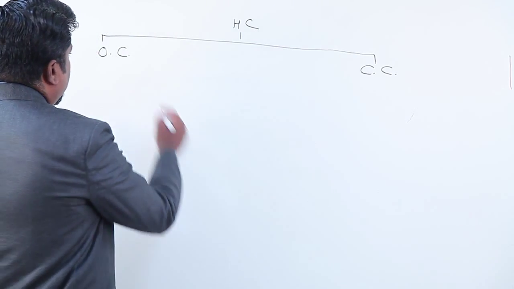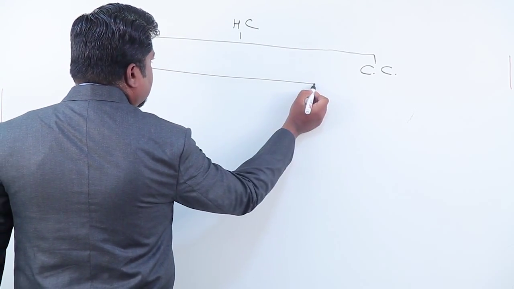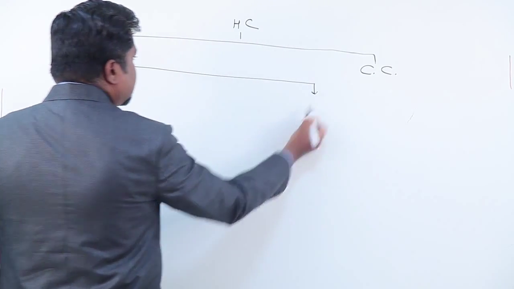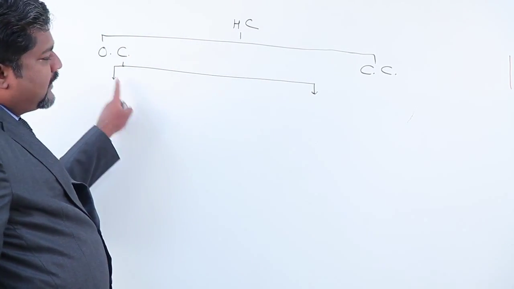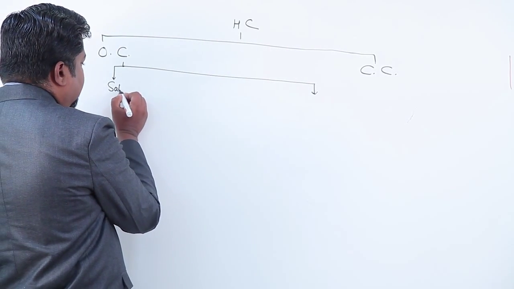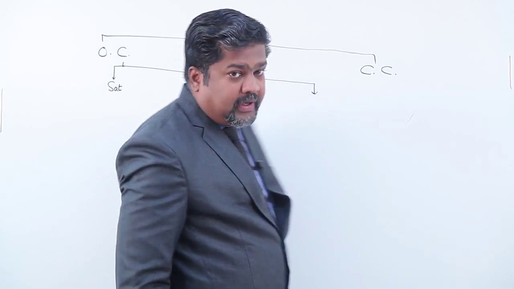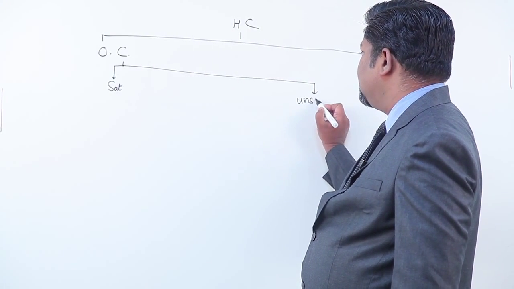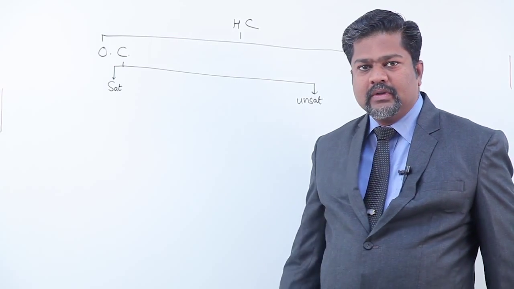Now in the case of open chain compounds, I am taking a broad sense, as first we are focusing on open chain. So in open chain, we are calling one compound category saturated compounds and another category unsaturated compounds.